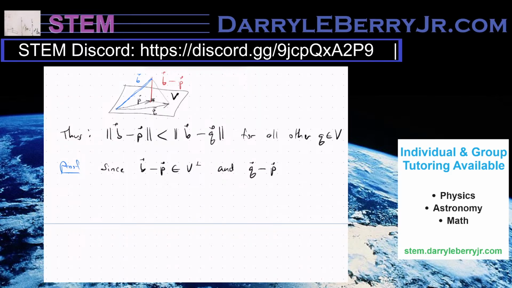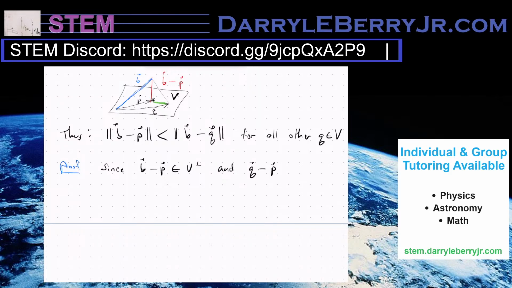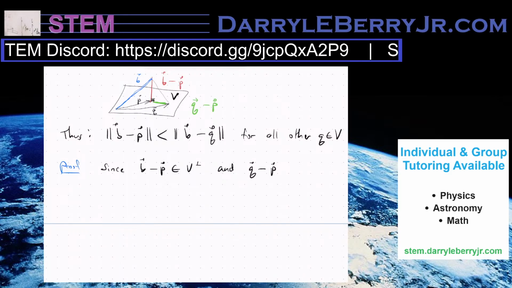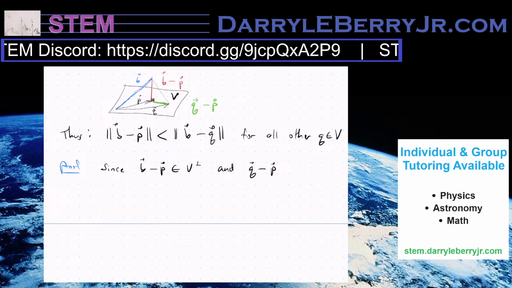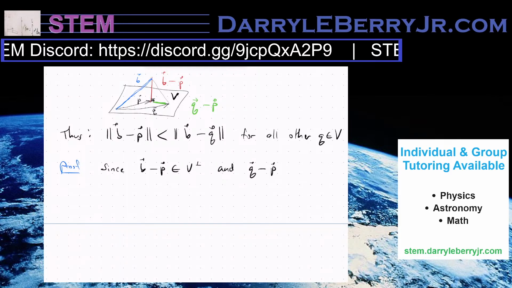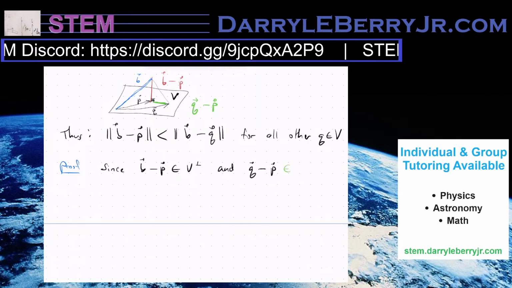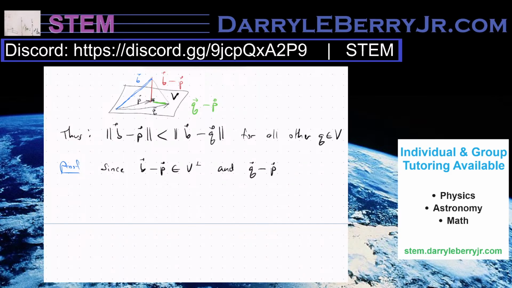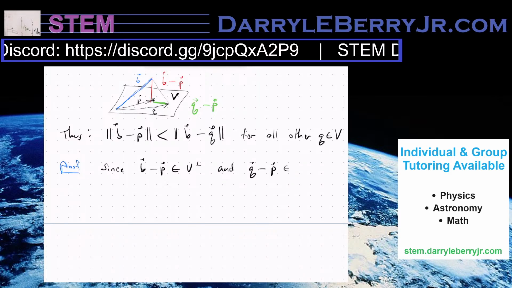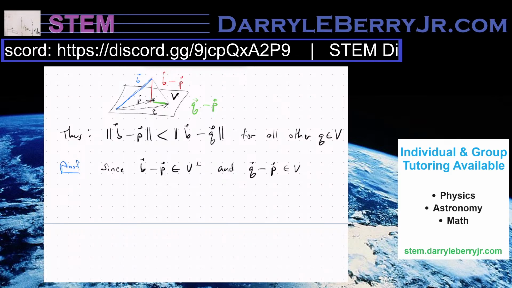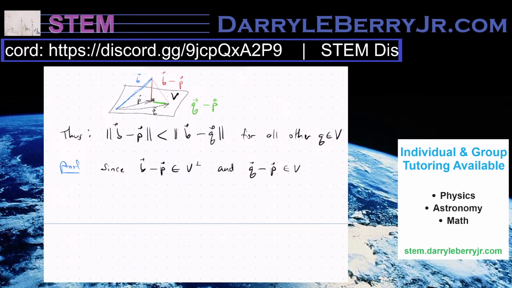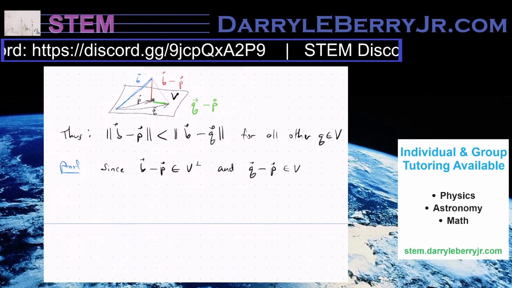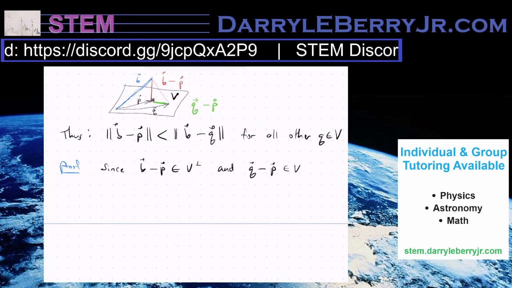So this is Q minus P right here. Q minus P is in this space. Right? So B minus P is perpendicular. Q minus P is in the space.